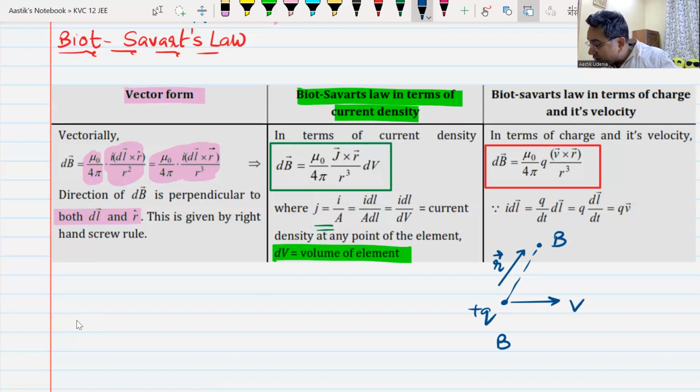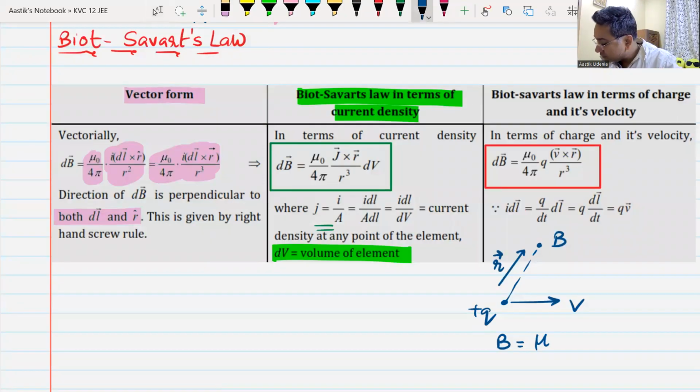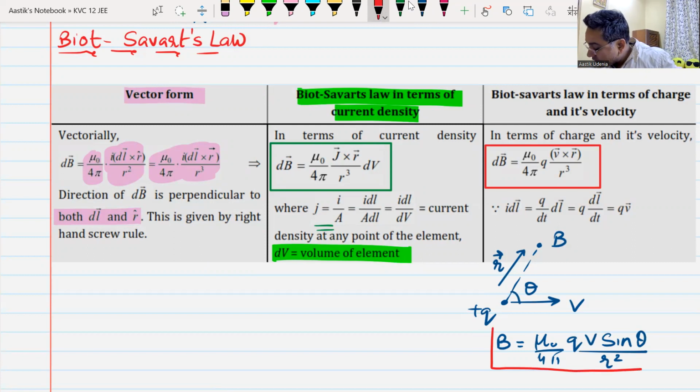If you want to write the formula in scalar form, you can write it like this: mu naught by 4 pi into q v sine theta divided by r square, where theta is the angle between your v vector, velocity vector, and your r vector.